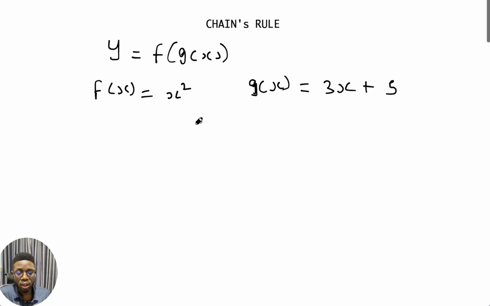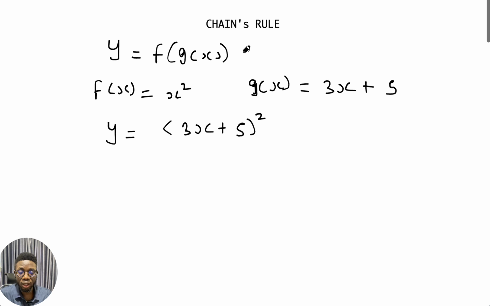But if I combine these two functions together and write this as y equals (3x plus 5) all raised to power 2, we can see that the g of x, which is 3x plus 5, the linear function, is now embedded inside the quadratic function. And in place of x, we have 3x plus 5.